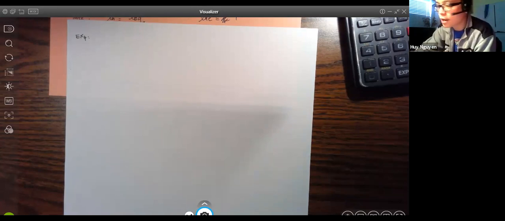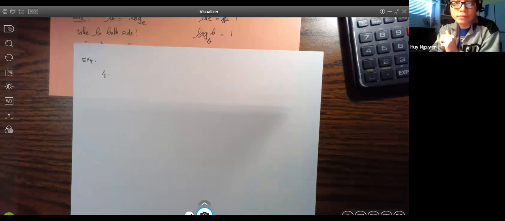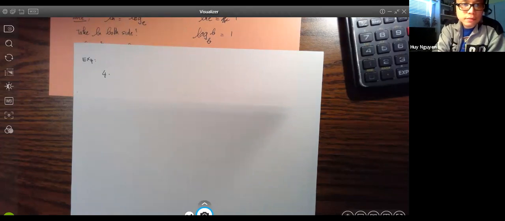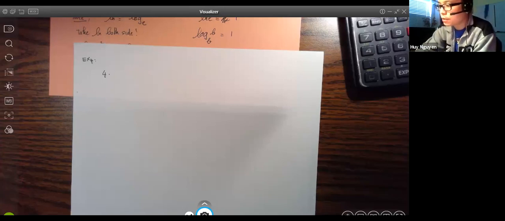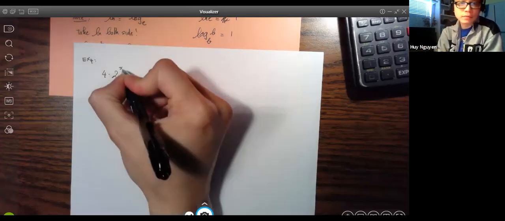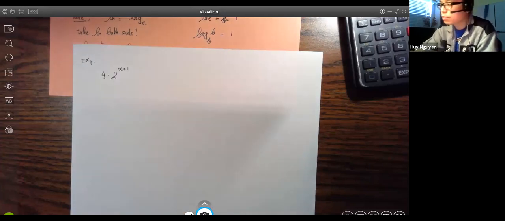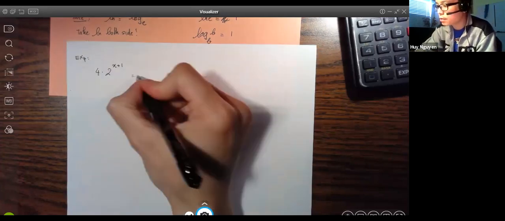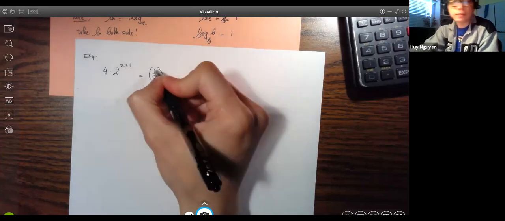Let me zoom it up because I cannot see it. 4 times 2 to the x plus 1 equals 1/8 to the 2x minus 3.